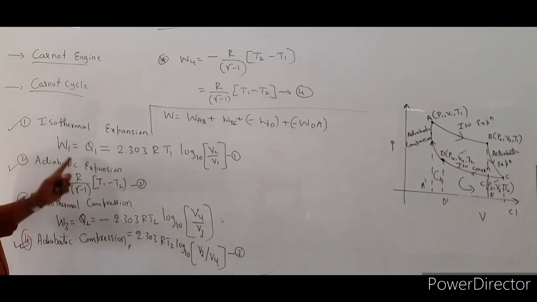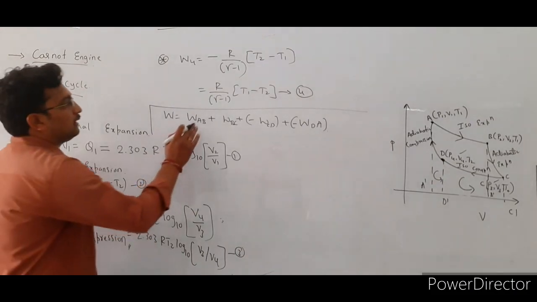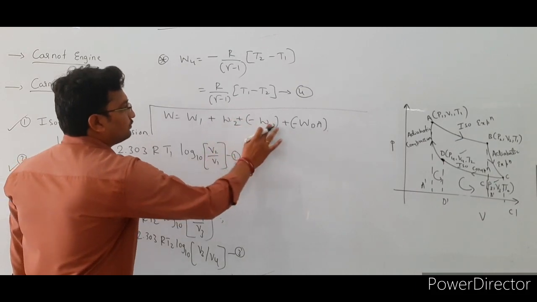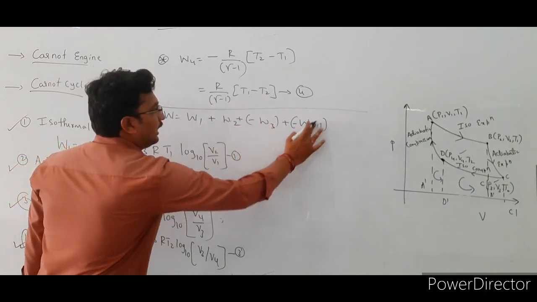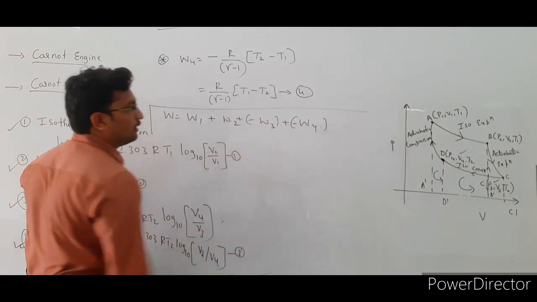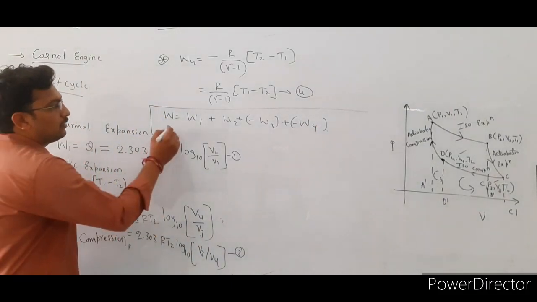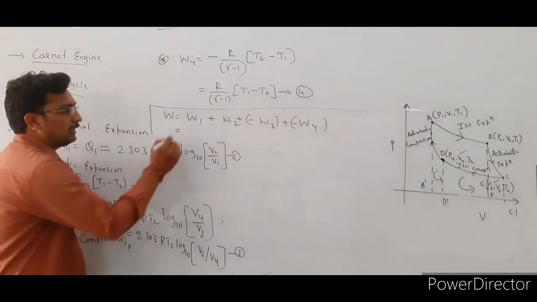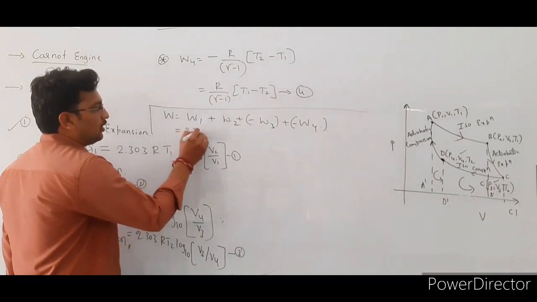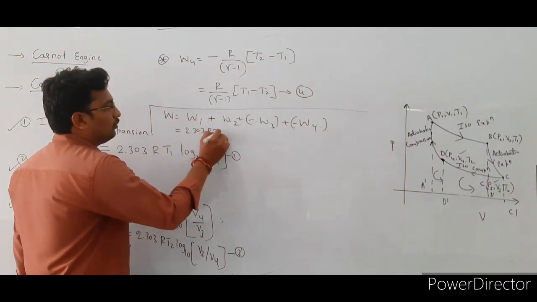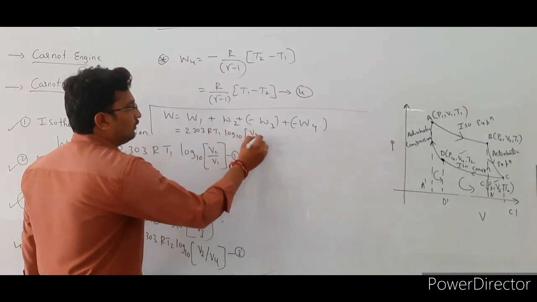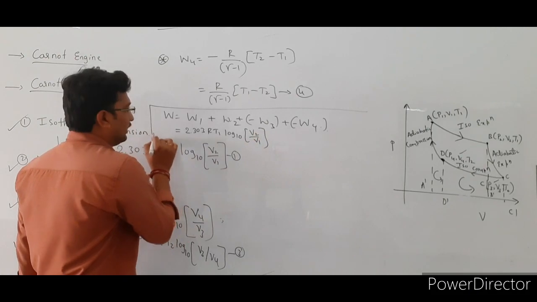Okay, see here. So the work done along AB is nothing but W1. So this is W1, this is W2, this is W3, and this is W4. So this is equal to, what is the W1 value here? The W1 value is 2.303 RT1 log base 10 V2 by V1, right?